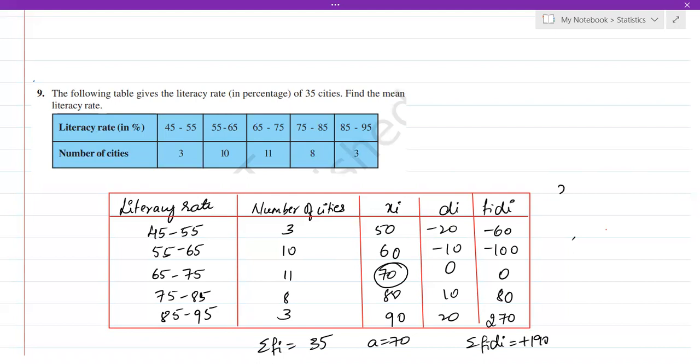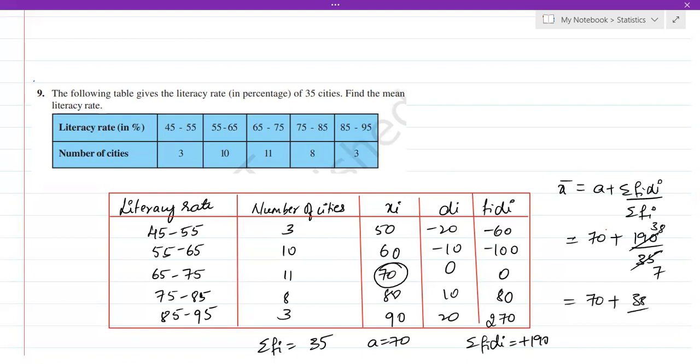Now let's use the formula. X bar is a plus summation fi di divided by summation fi. So a value is 70 plus 190 divided by 35. Okay, let's divide by the 5 table. 5 sevens are 35, 5 threes are 15, 4 carry, 5 eights are 40. So you got 38 by 7.